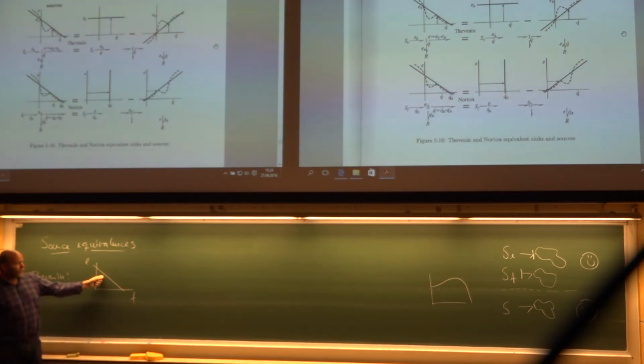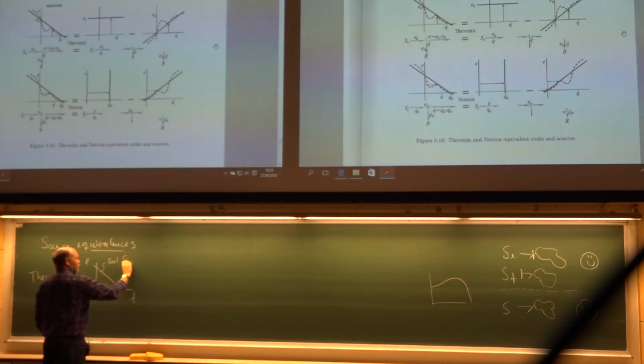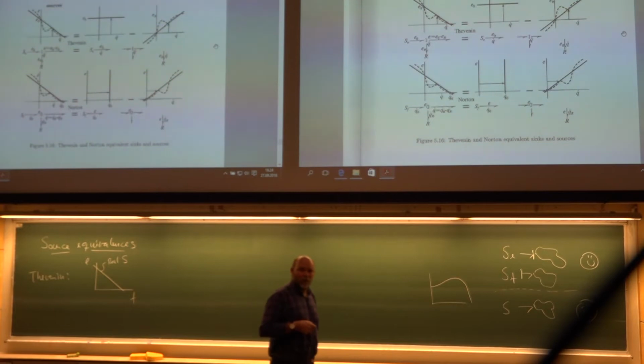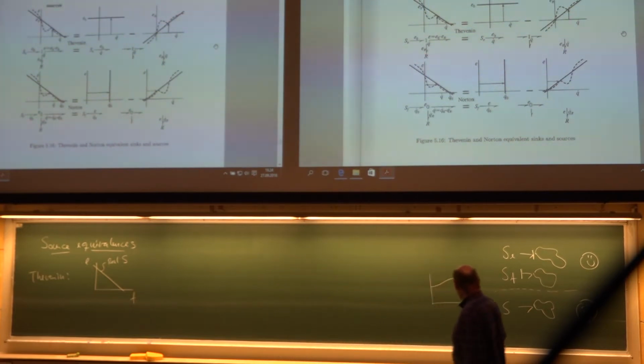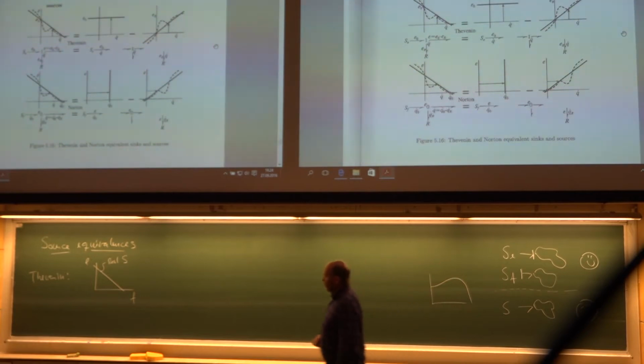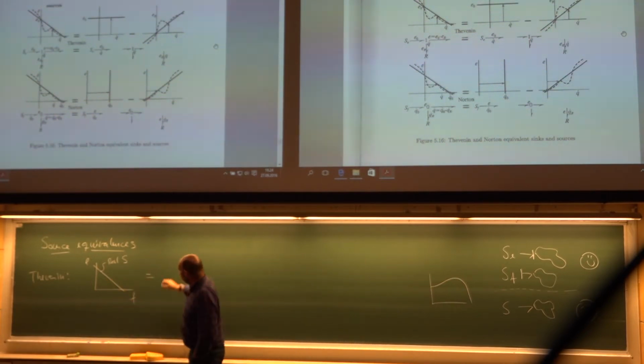So this is from the real source. Here you have a real source, real S. This I don't like. I won't have it because then I can't start with the causal strokes. But with Thevenin, I will transfer this behavior into the following.